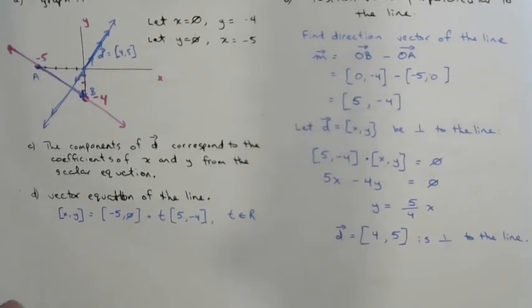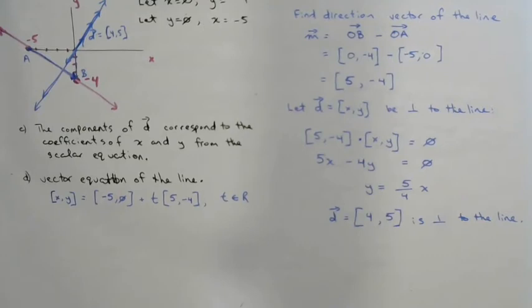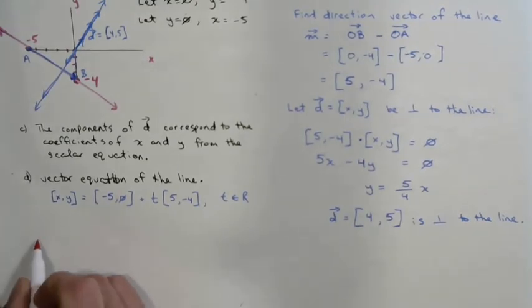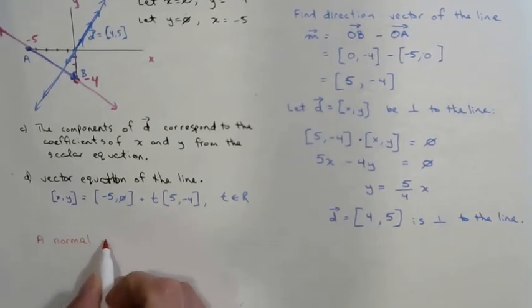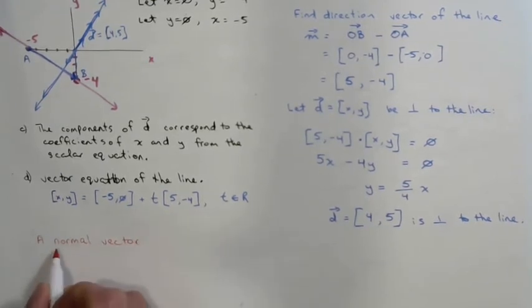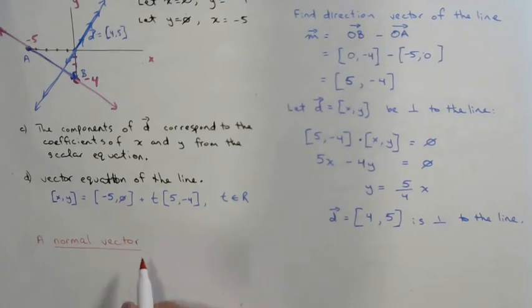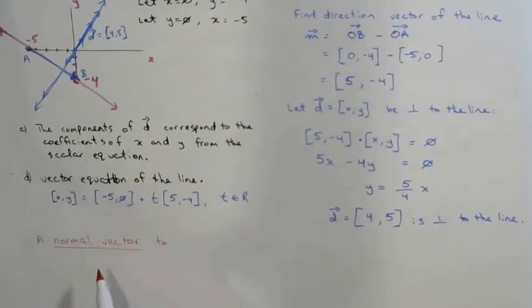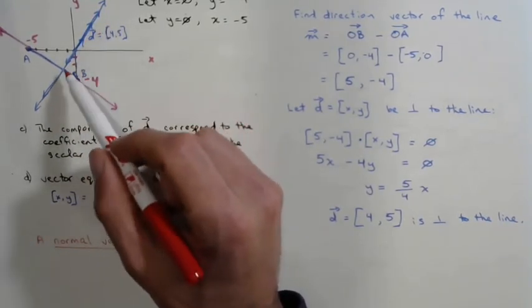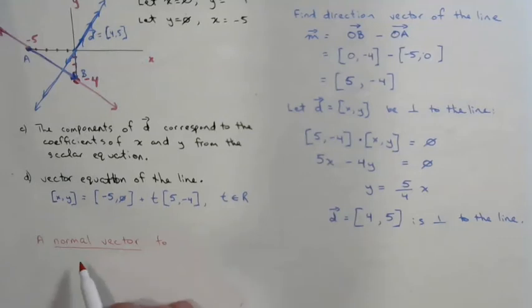All right, this example has brought up a new term that we need to learn, and it is called a normal vector. I think we've used the word normal in this way before in our math, but a normal vector to a line just means perpendicular, okay? So the vectors that we drew that are perpendicular to the line are normal vectors, okay?